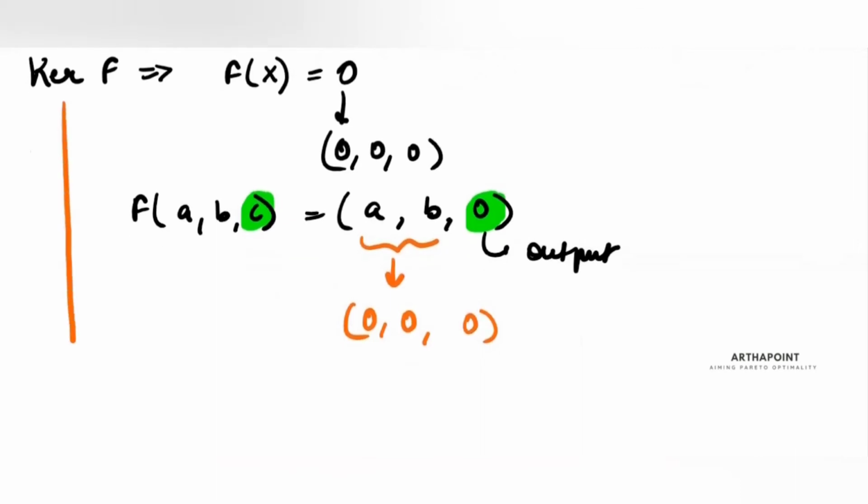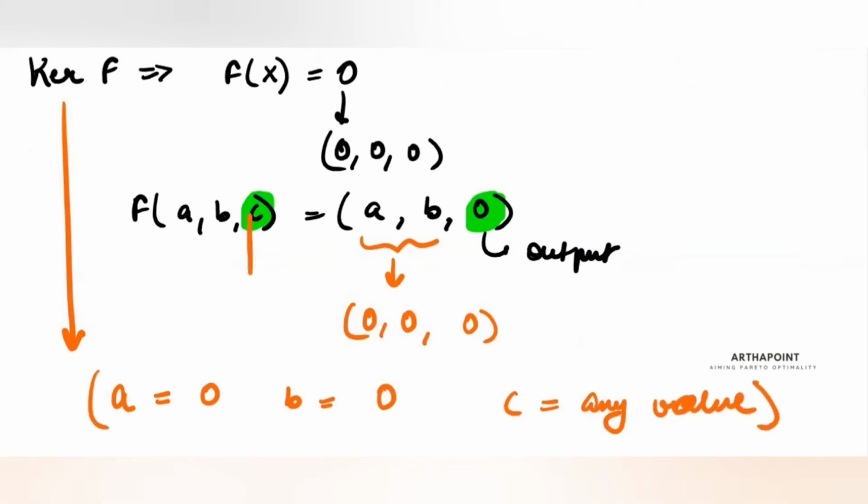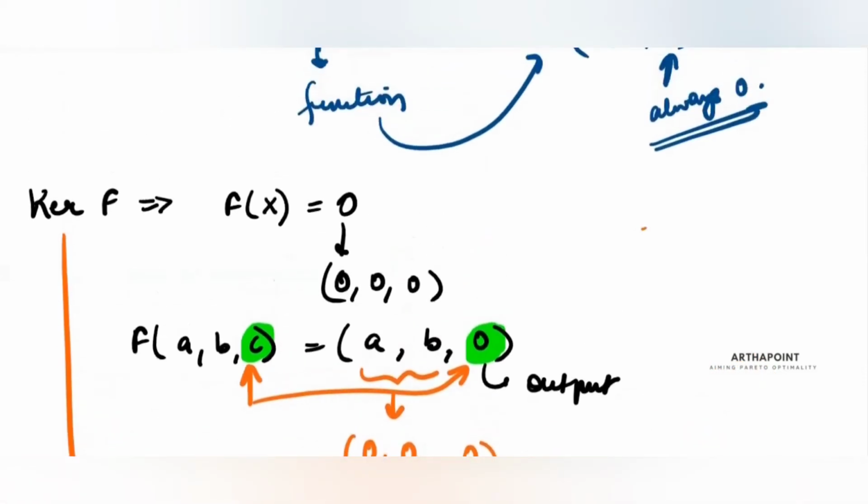That is possible only when you have a vector such that its first two values are 0, but its c can take any value, because whatever c you put inside the function, the answer will always be 0. Students get confused here. A lot of students, in the MCQ, there would be a vector (0, 0, 0) given as the kernel, and they will click on that.